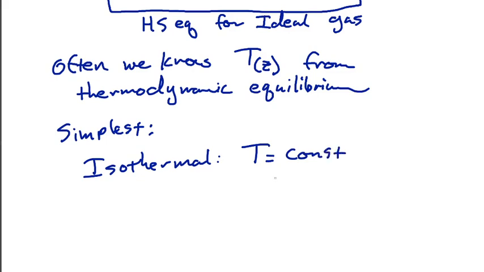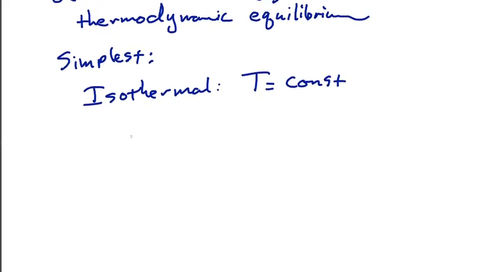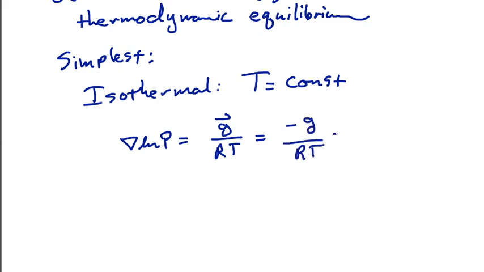Well, if T is a constant, then ∇log p is g vector over RT, which is minus g scalar over RT ẑ, which we call this combination here the density scale height, H_ρ. So this is just minus 1 over H_ρ ẑ.